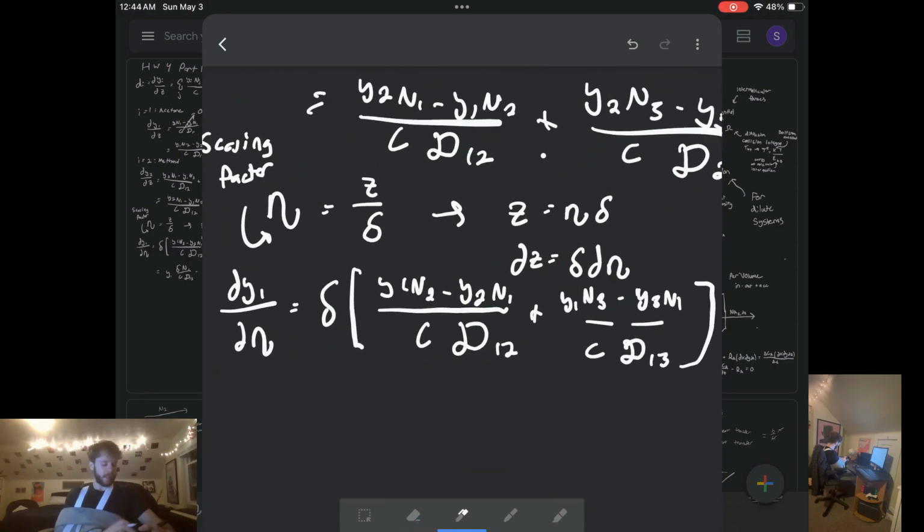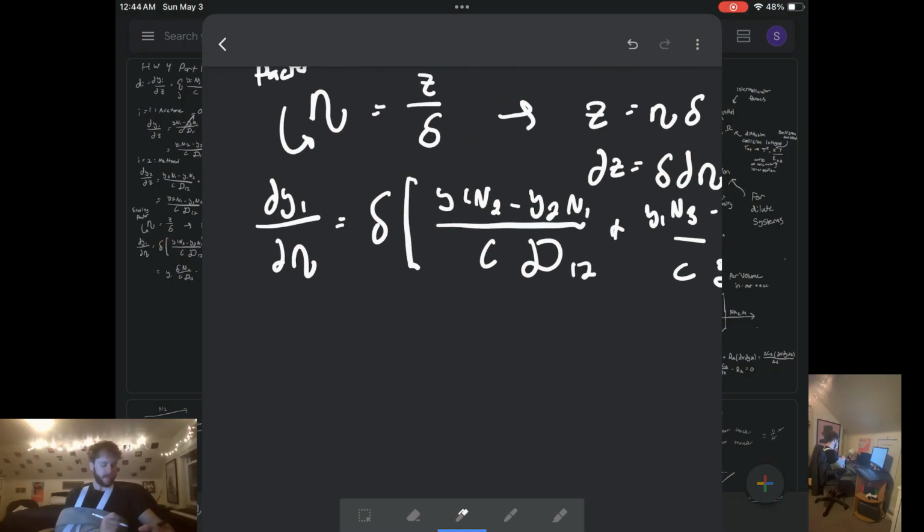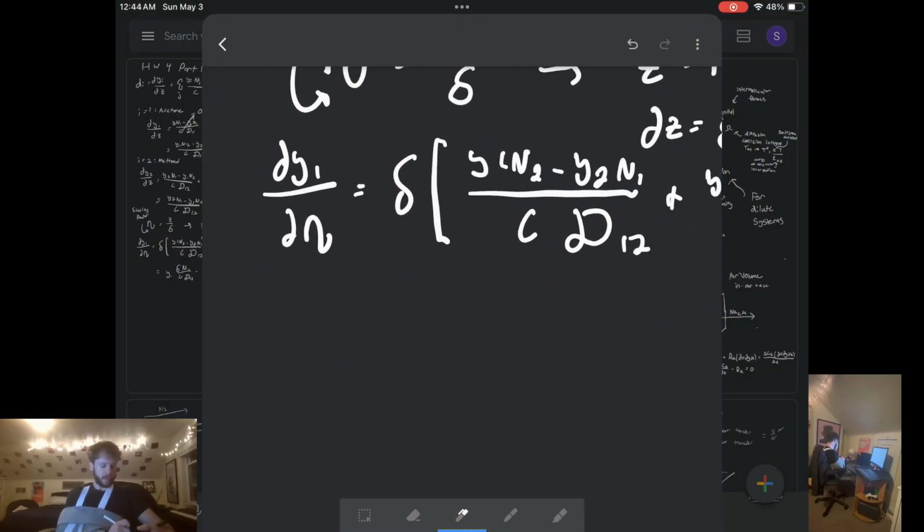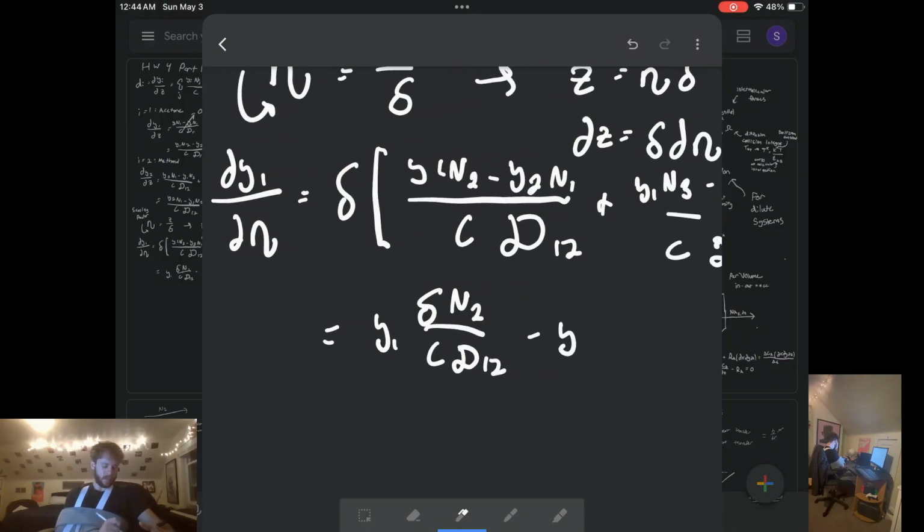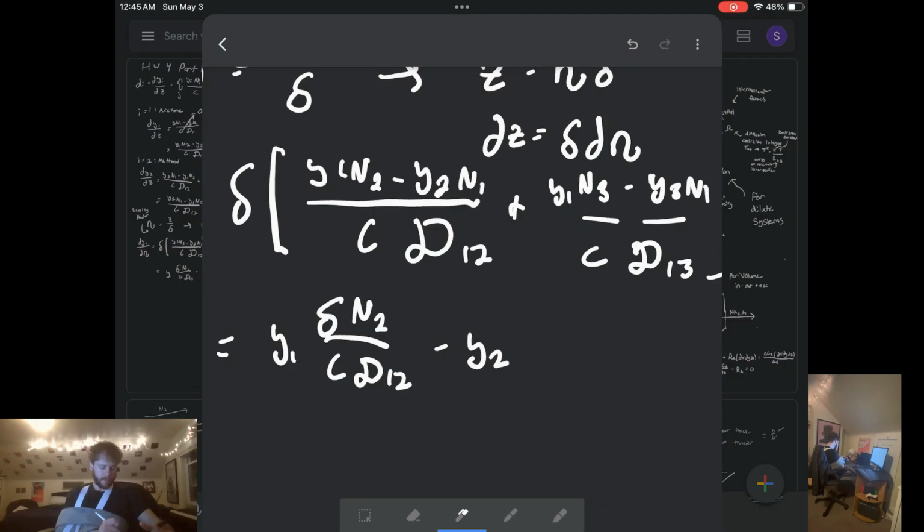So we can simplify this by factoring it out. We'll get y1 times our boundary thickness, N2 divided by c times our diffusion coefficient, minus y2 times the same thing.